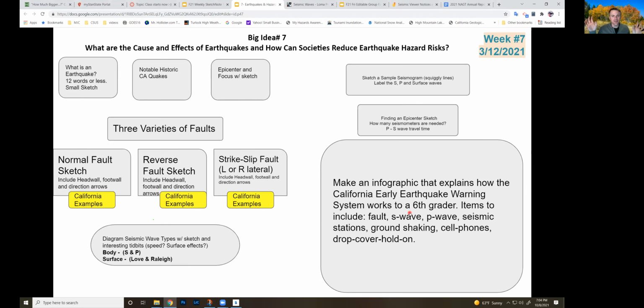They send it out to your cell phones if you're nearby, and tell you to drop, cover and hold on to stay safe. So that's kind of how that would all go, but just try to put that in a quick little sketch for a 6th grader here. Remember, we're not looking for Vincent van Gogh or anything like that, but just some good sketches that are kind of clean and neat, at least, that can portray those thoughts.